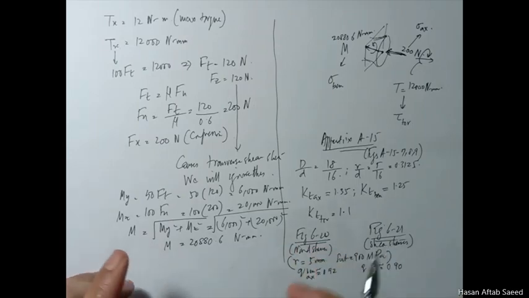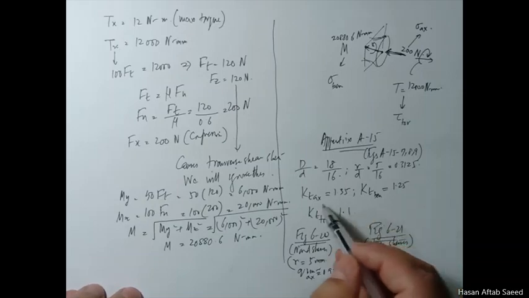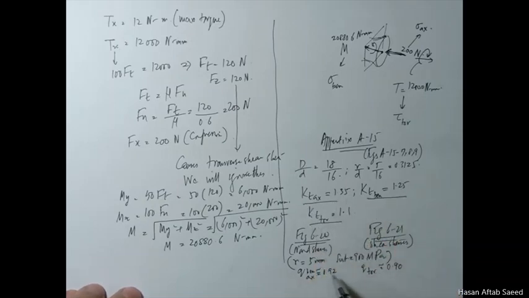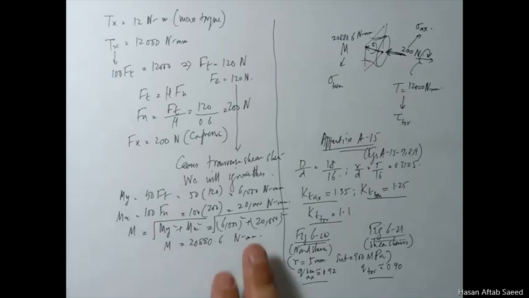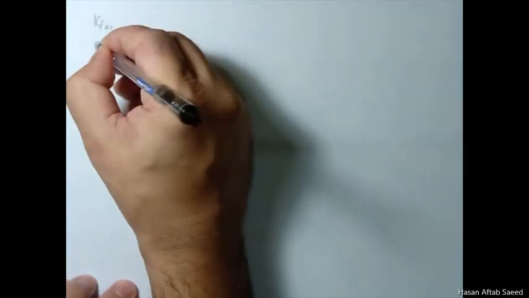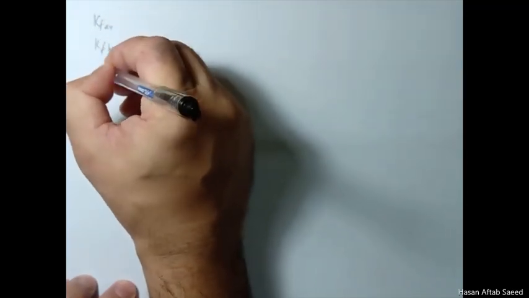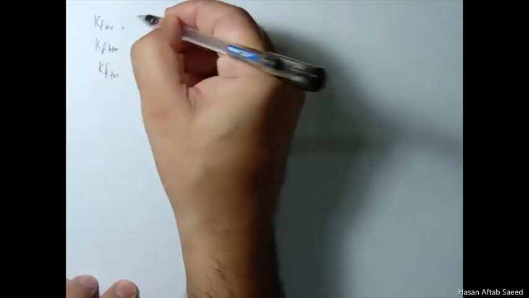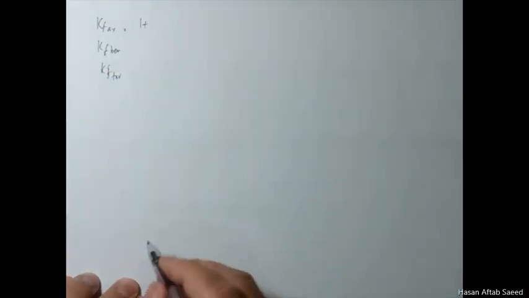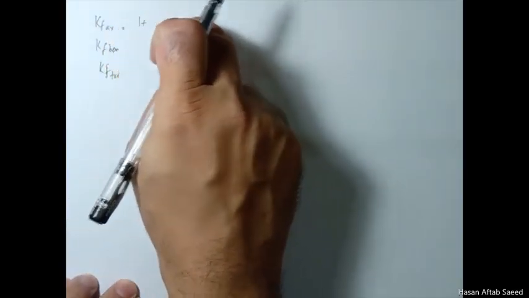Then if you have the geometric stress concentration values and also have the notch sensitivities, the next step is simply to calculate the fatigue stress concentration factors, which are again very familiar expressions by now: 1 plus q(Kt minus 1).